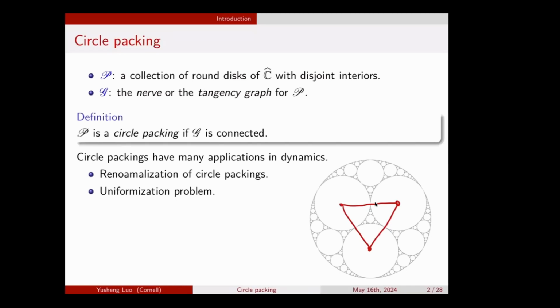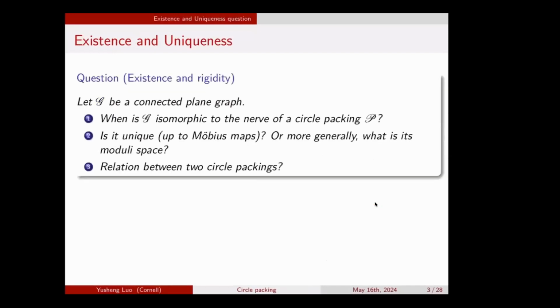Okay, so is the definition of circle packing clear? The first natural question that we want to understand about these circle packings is the existence and uniqueness problem. If we start with a connected plane graph, can we find a circle packing whose nerve is isomorphic to this graph?